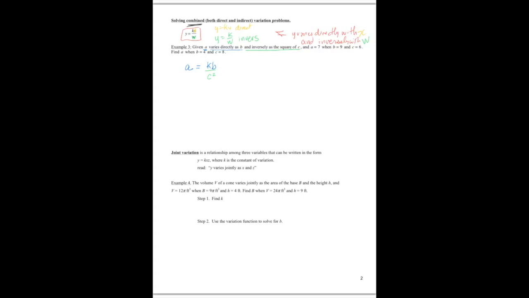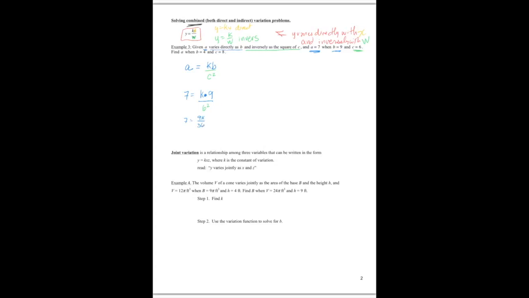Now, again, we're just going to substitute in the values that we've been given. So we have A equals 7. K is the constant of variation that we're trying to find. B is 9. And C is 6, so we're going to square 6. If I simplify, actually perform the multiplication on the right-hand side, I have this.